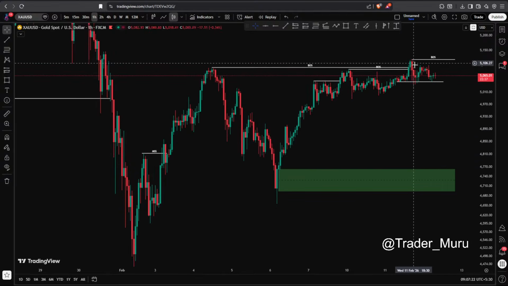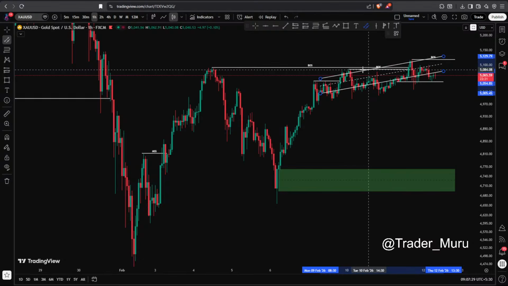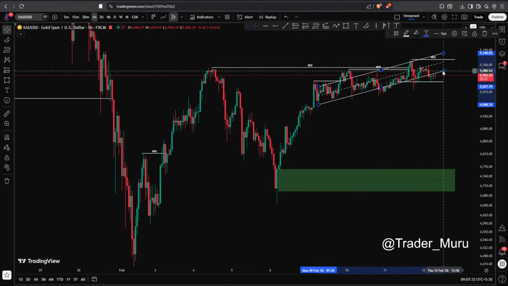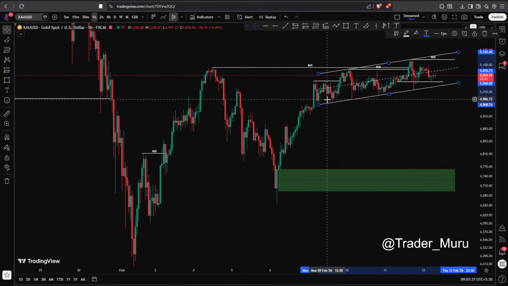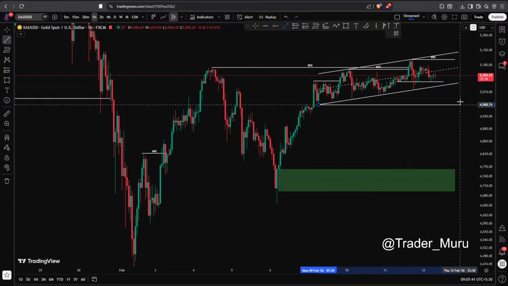But this is a weak breakout structure, it has a channel formation, so this is quite weak here. Price is likely to test the bottom of the channel here, this liquidity.